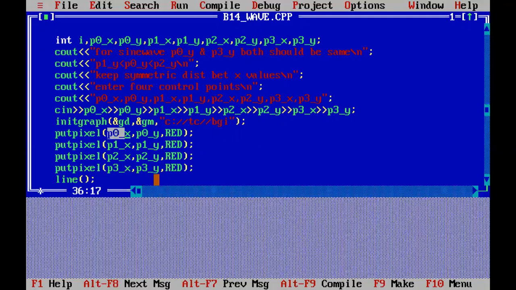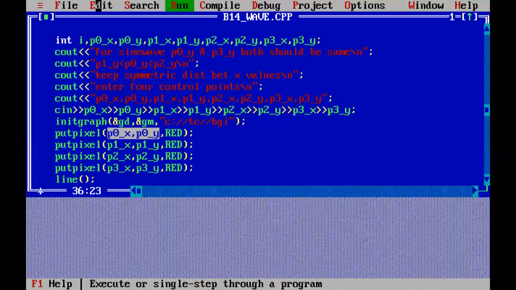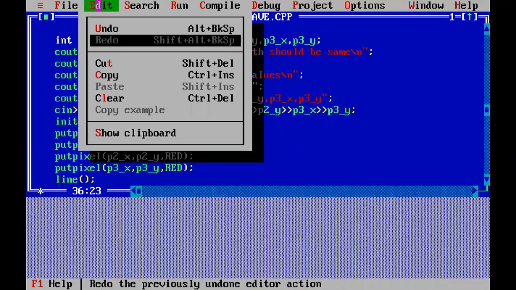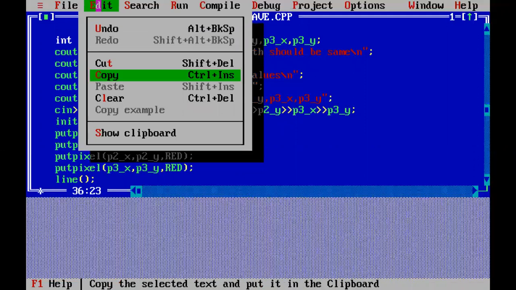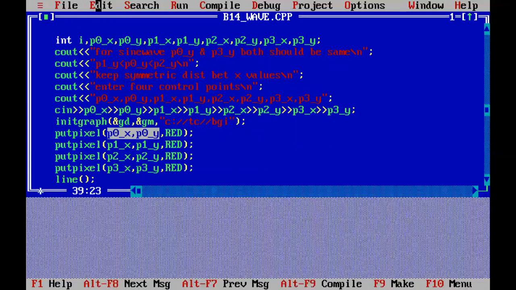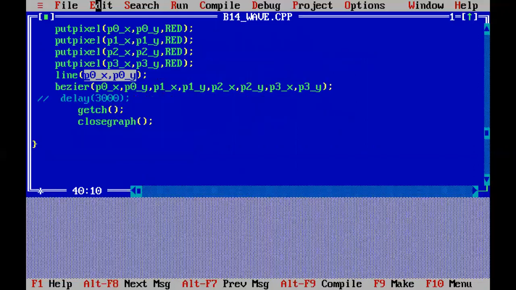We'll select it, shift insert, control insert. Here p1_x comma p1_y.